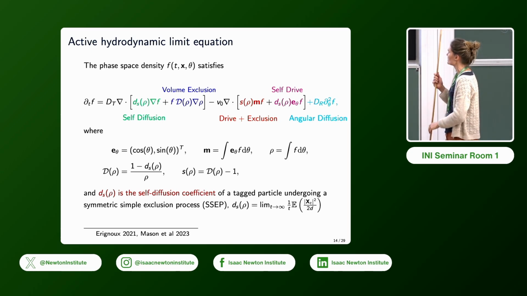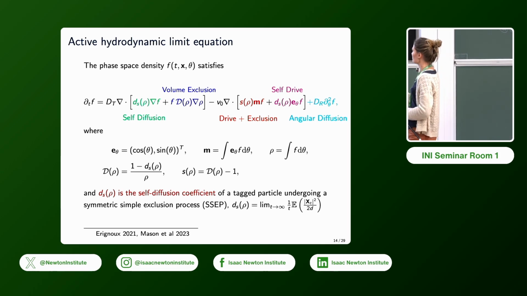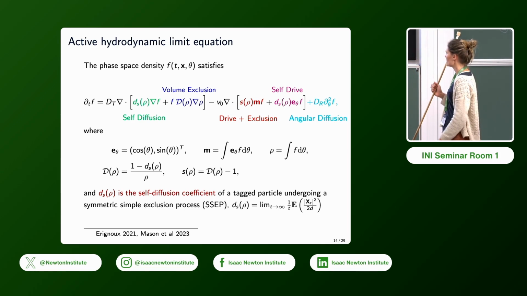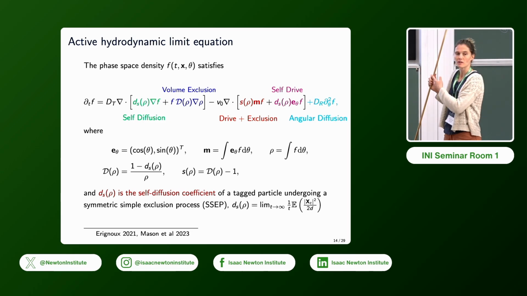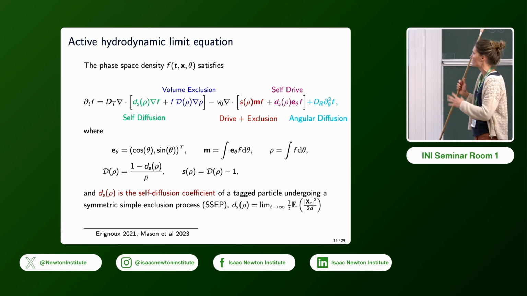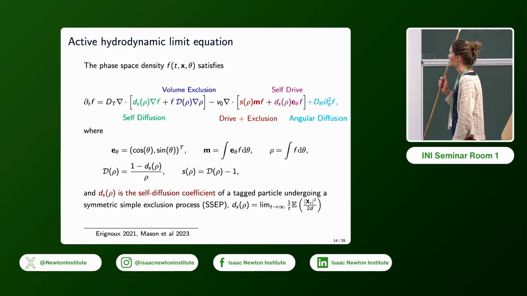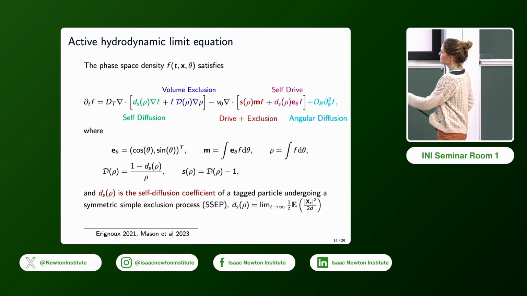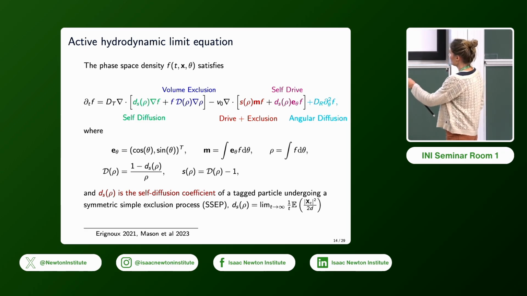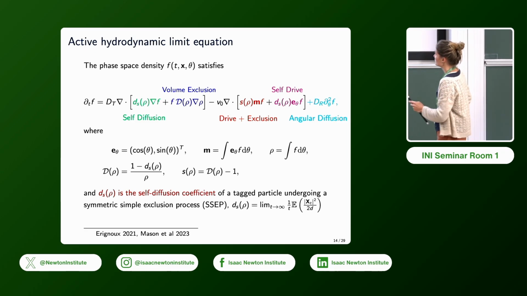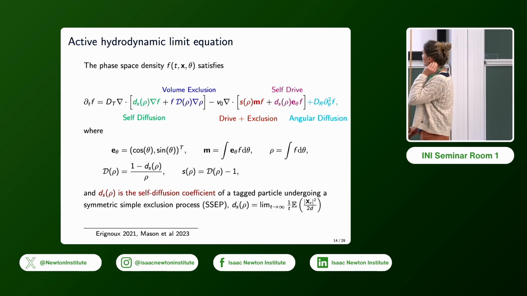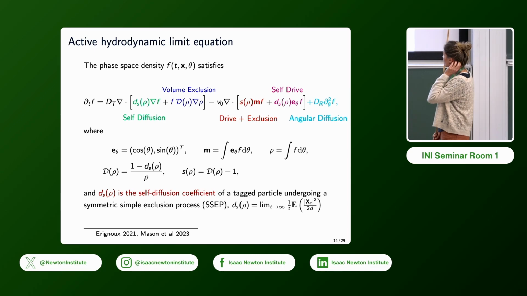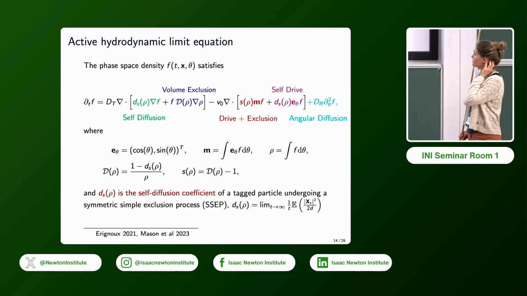The only issue is that this involves solving a variational problem in infinite dimensional space, so you have to approximate this self-diffusion coefficient, but there are very good numerical approaches to do this. But the idea is that you need to get this, and then we have this PDE.